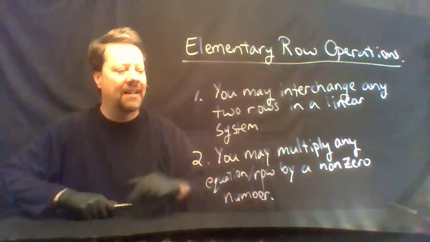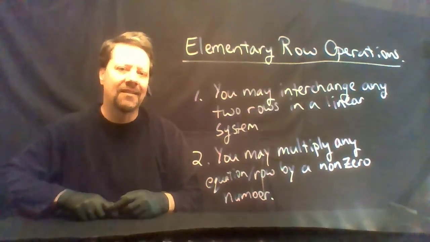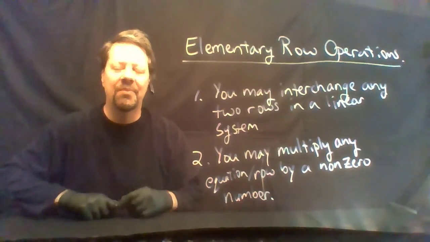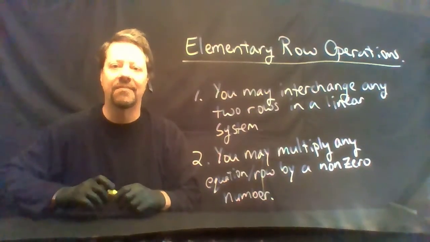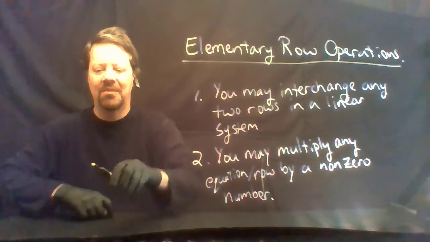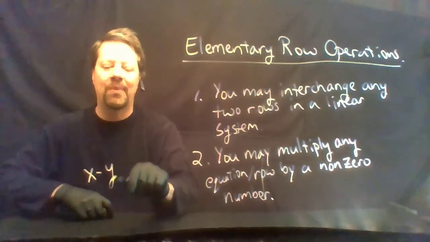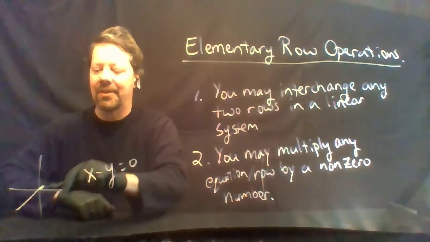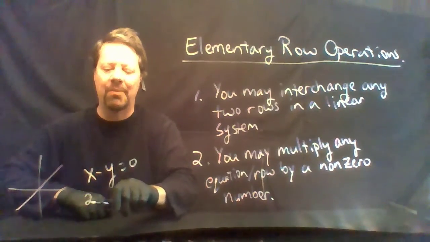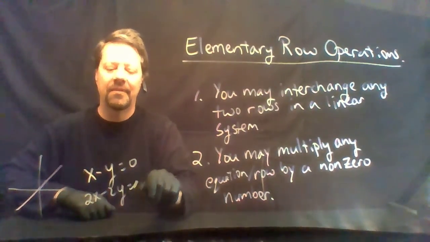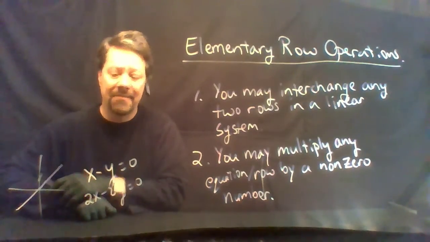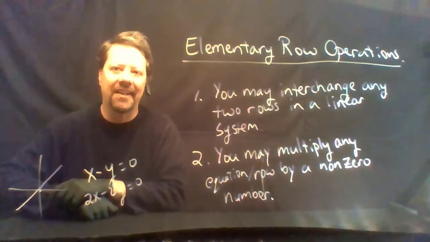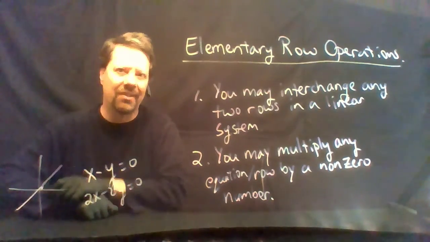However, if you multiply any equation by a non-zero number, that number can be canceled off, and you will not change the solution set at all. Suppose I have the equation x minus y equals 0. This represents the equation y equals x. If I multiply by 2, I get the same line. It doesn't change the points that solve the line at all by multiplying by a non-zero constant.